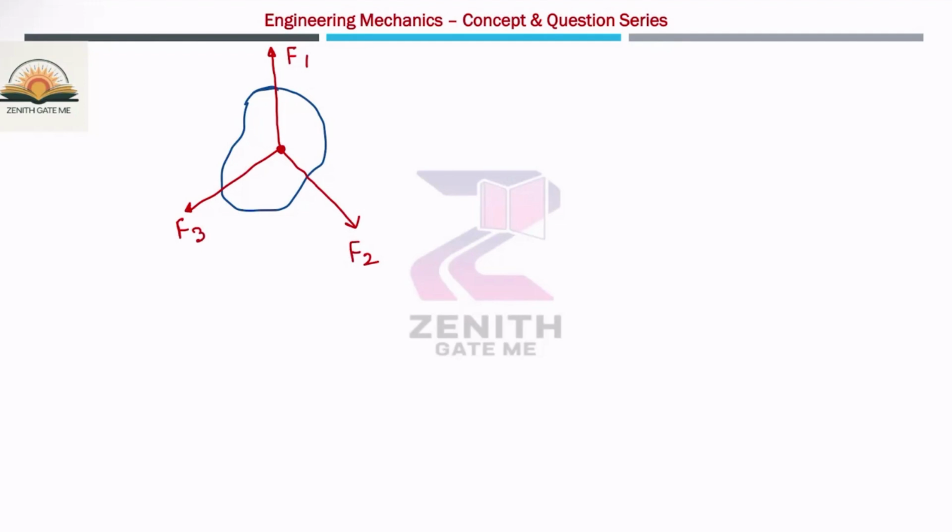Now, let us suppose the angle between F2 and F3 is alpha, this angle is beta, and this is gamma. Lami's theorem says the force F1 is proportional to the sine of the angle between the other two forces, that means proportional to sine alpha. Similarly, F2 is proportional to sine of beta, and F3 is proportional to sine of gamma.